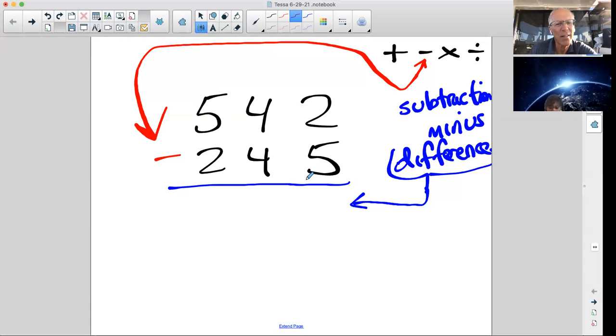So we realized 2 is too small for 5, so we made it a 12, and then. Wait. What is the it that you made 12? The 2. So you made the 2 a 12 because 2 was too small for 5, and then. And then we had 4 and 4, and we made it 13. Uh-oh. I'm not sure I understand.